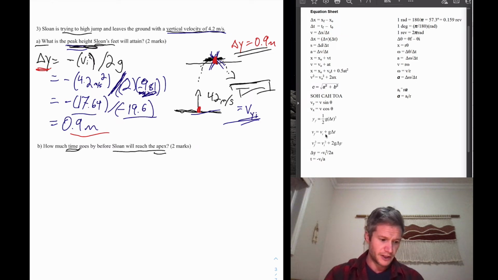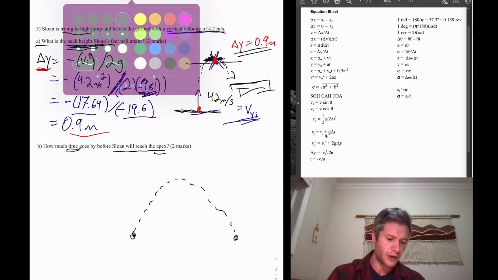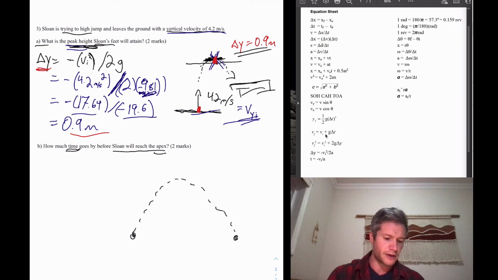So if I take a look at some sort of object, I'll erase this after, here's our classic parabolic projectile motion path. If you recall, no matter where you're at on that parabola, you're always going to have a 9.81 acceleration.